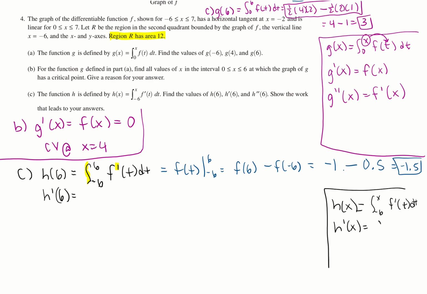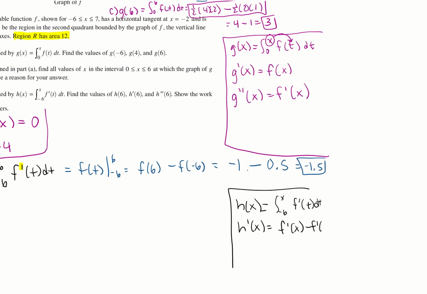This would equal f prime of x, but we also have this lower limit here. Don't forget that. That's also f prime of -6. That does not just go away here. That is still part of the problem. So I'm still evaluating these at two different things here.